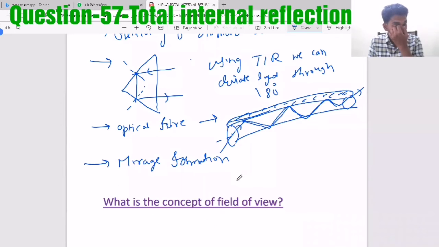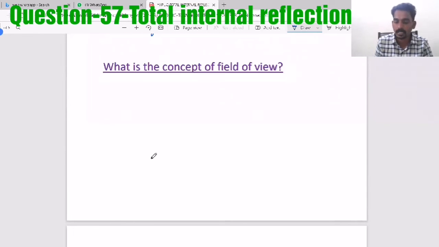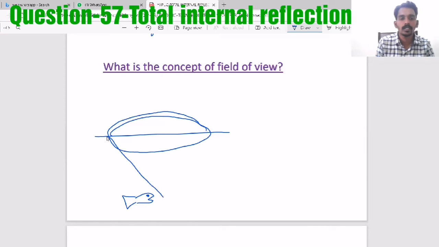And the most important question based on total internal reflection is the field of view of fish. So when you consider this is water surface and here one fish is there. Now the field of view of fish when it looks normally, it can view the outside world through a particular circular surface only.